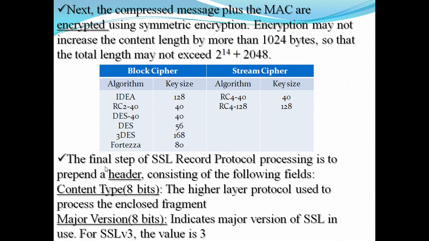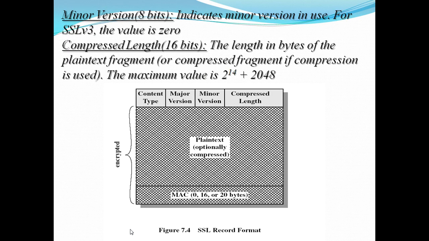What does the header in the SSL record protocol contain? It has these fields: content type, which is 8 bits, used to process the enclosed fragment; then the major version, what is the SSL version; then the minor version; then the compressed length.